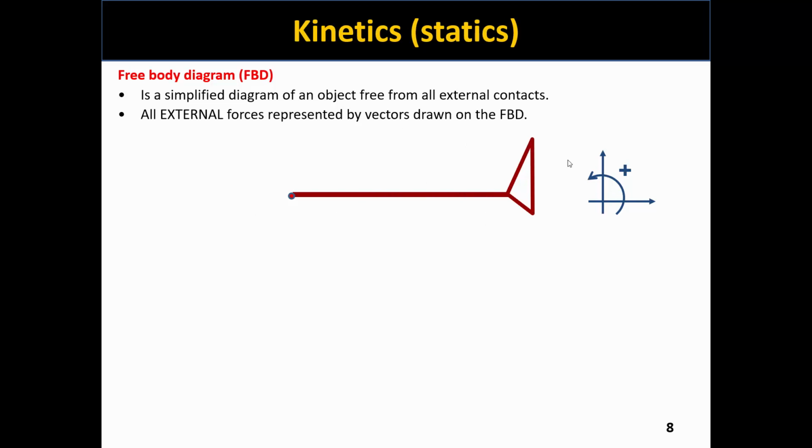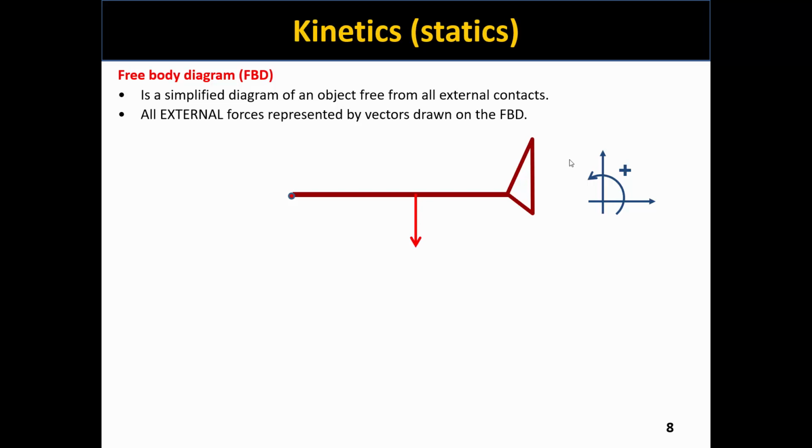Another important element that we always have to add when we draw a free body diagram is our frame of reference, and we always draw this just off to the side here. The horizontal is our x-axis, the vertical is our y-axis, positive to the right, positive up, and any rotations are considered positive if the forces causing them go counterclockwise.